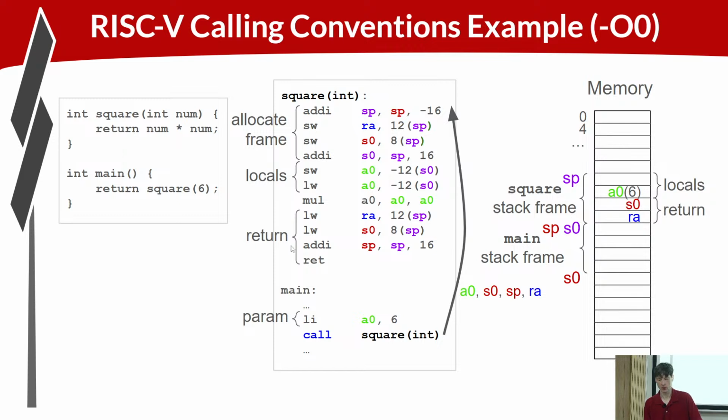Okay, so when we called the square function, this call instruction is actually a pseudo instruction. It's a jump. Think specifically jump and link register.